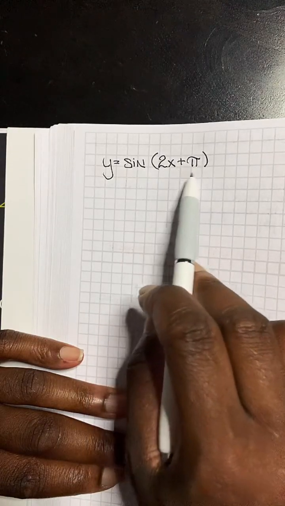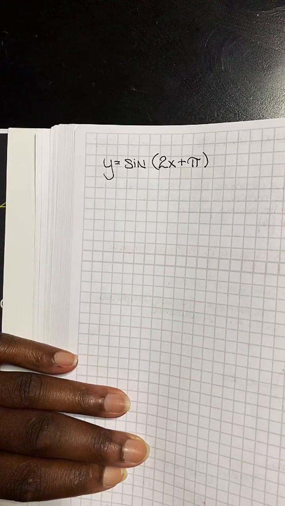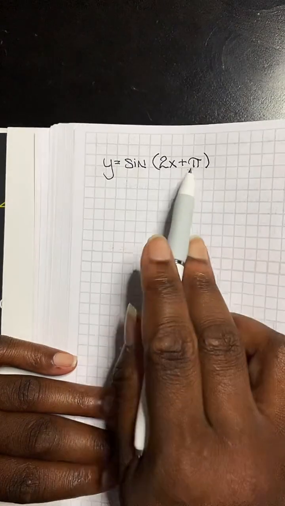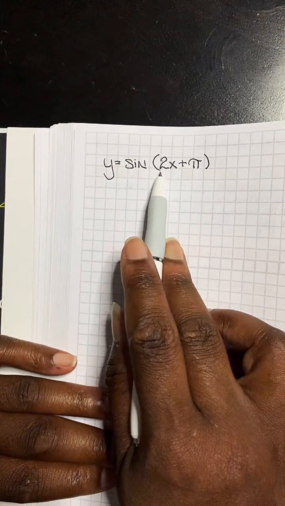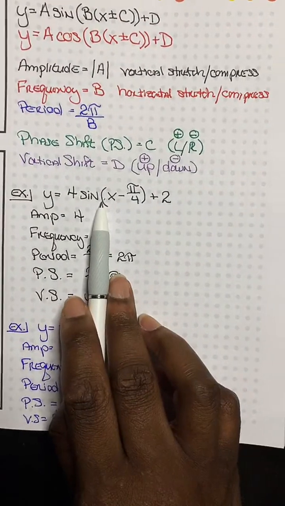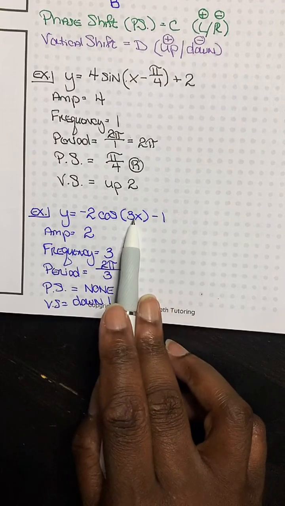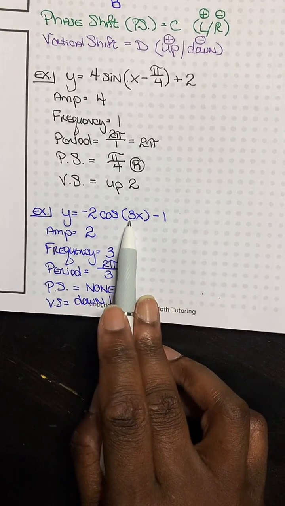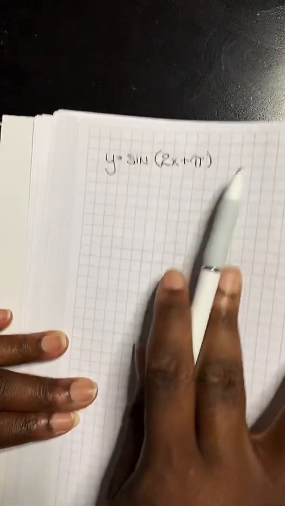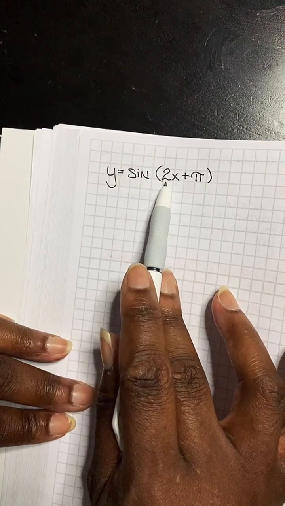Since it's being added to basically my other phase shift, I need to factor out this 2. So when I see my leading coefficient, if it's not a 1, because here, when it was 1, hey, that's not a problem. Okay, when we didn't have a whole term because it wasn't plus or minus anything, boom, that's my frequency, not a problem. But because we have an expression now inside the parenthesis, I need to factor out that 2.